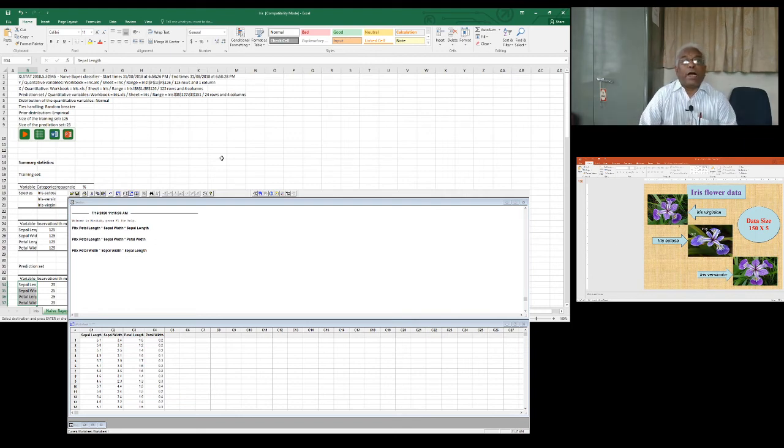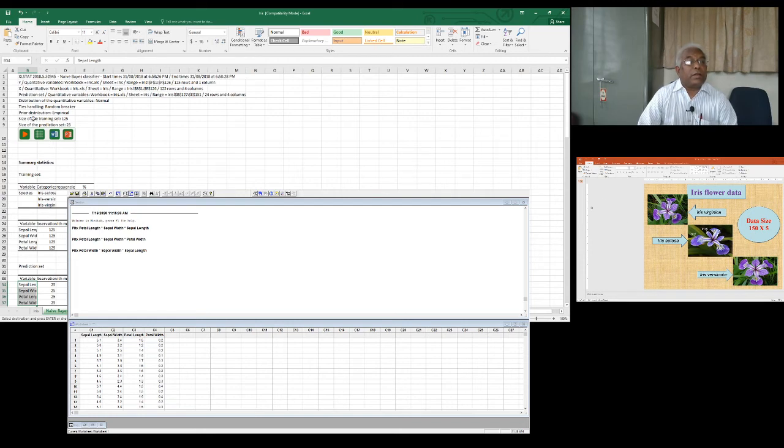Okay, I have done this in the XLSTAT software, Excel stat software. This is software which one has to purchase, but it is a very interesting software. You can download a trial version, and you can use this trial version for basic understanding.